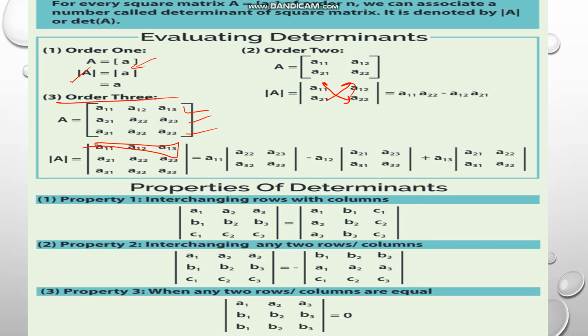The position value of the element follows these rules. The first value is positive, then negative, then positive, and negative, then positive, negative, then the last row positive, negative, positive. So for first element the position value is positive.